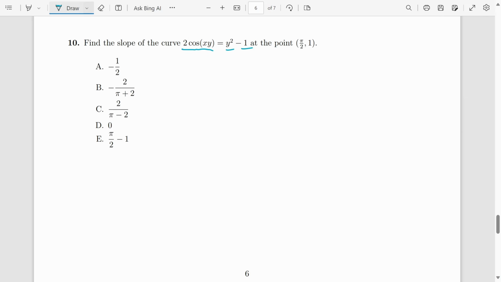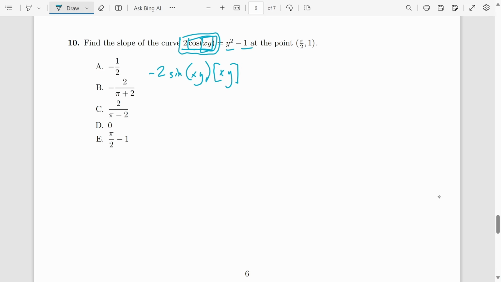So if we were to take the derivative of this, 2 cosine of xy, we'd be taking the derivative of cosine first. Derivative of cosine is negative sine, so this is going to be negative 2 sine of xy, and now we do have to do the chain rule after that, so let's multiply that by the derivative of the inside.